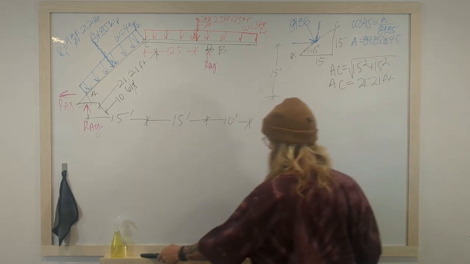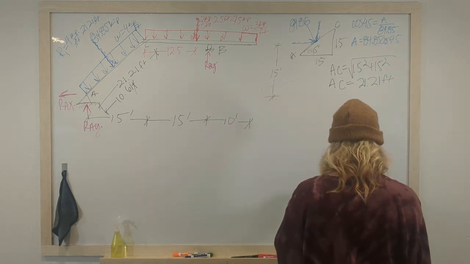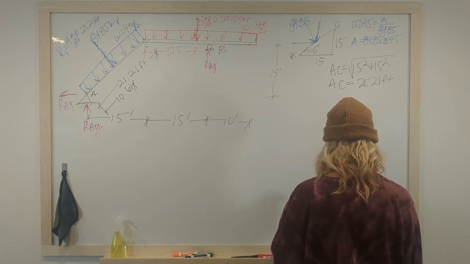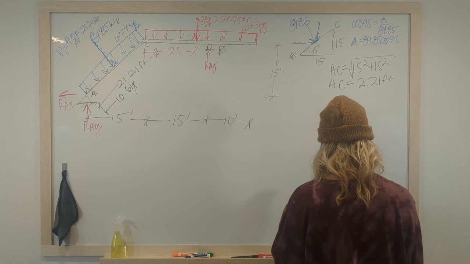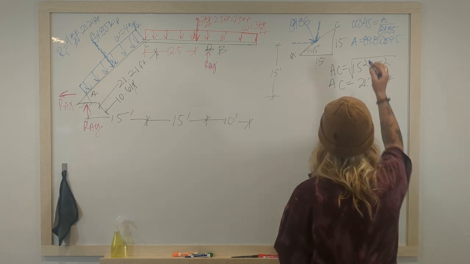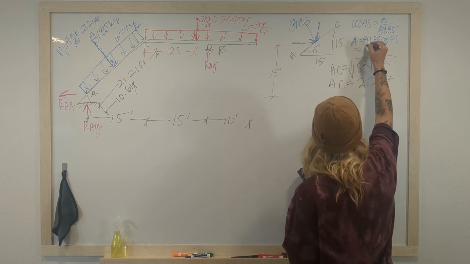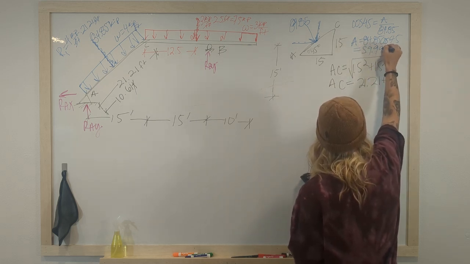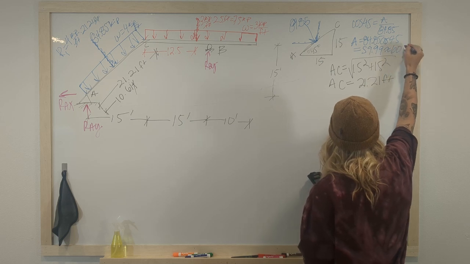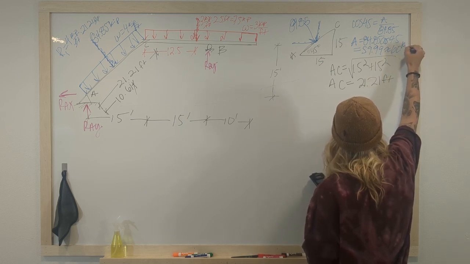So 84.85 times cosine of 45 is equal to 59.99, which is about 60 kips.